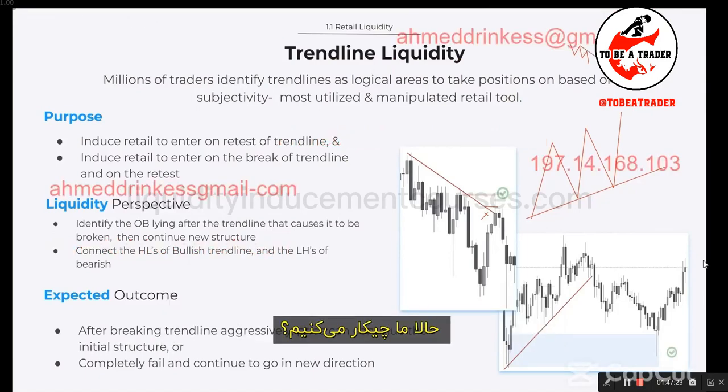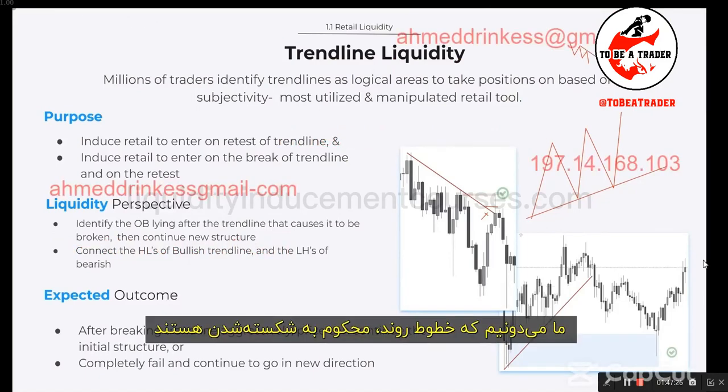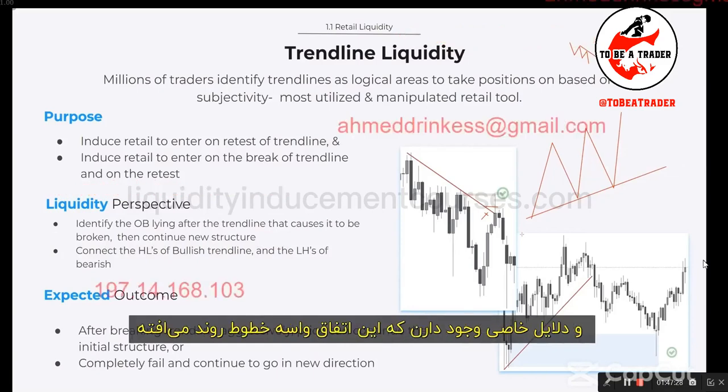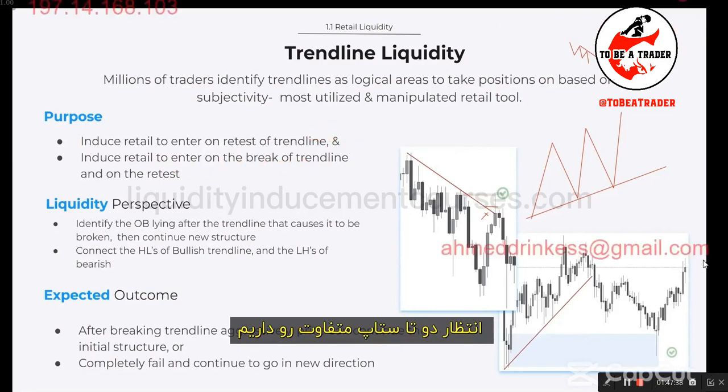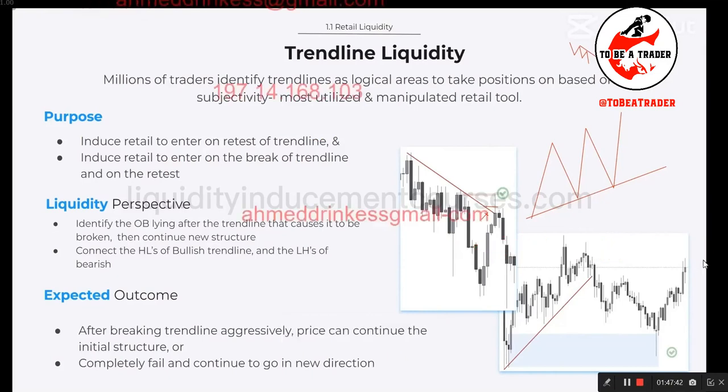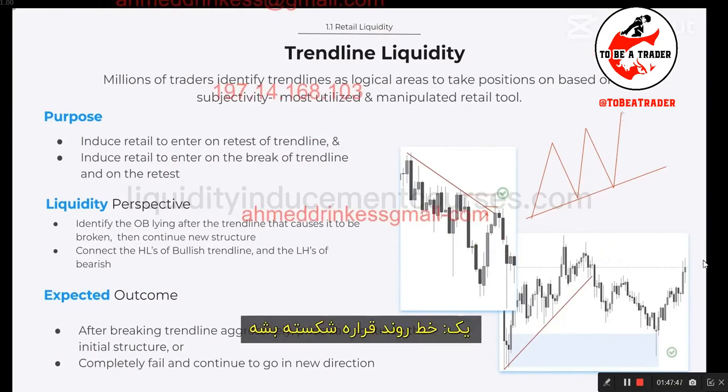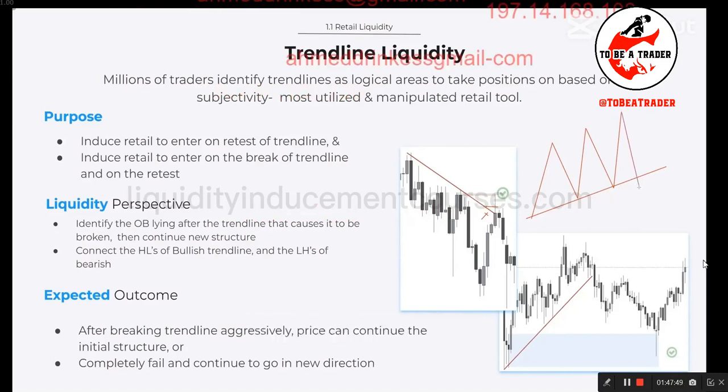We know that trend lines have to be broken, and there are specific reasons trend line traders see this and it doesn't work. When you see a trend line, we need to expect two different setups. We need to expect, one, that the trend line is going to be broken and then it's going to go higher.